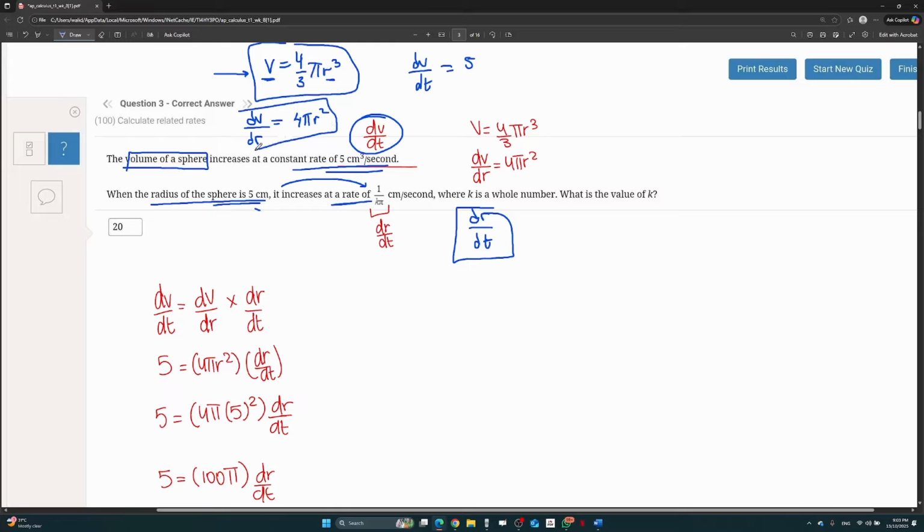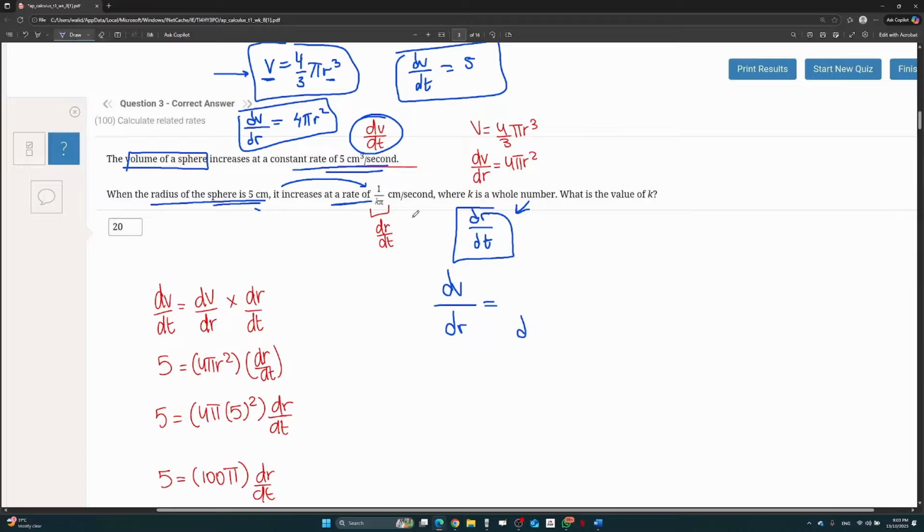Cool. So now you have this, and you want to find this. How do you write this in terms of this and this? Very easy. You can say dv by dr is equal to dr by dt times, sorry, other way around.